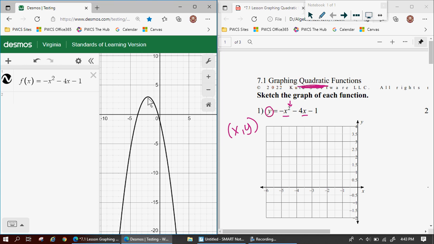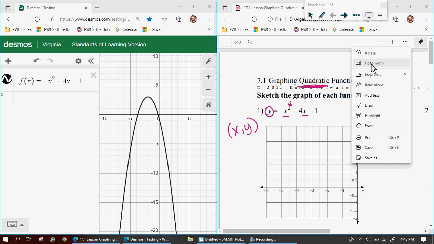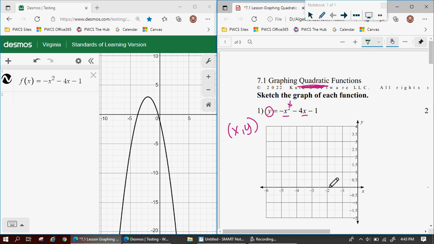And so I can find some points on my curve that will help me sketch it. I have one right here at -2, 3. So I'm going to go over here on my graph and put a point at -2, 3. And then I can find some more.